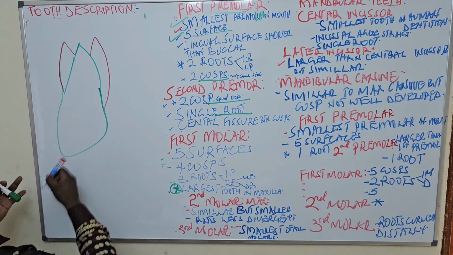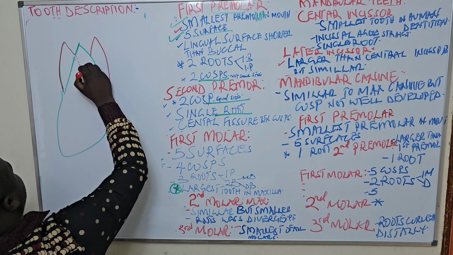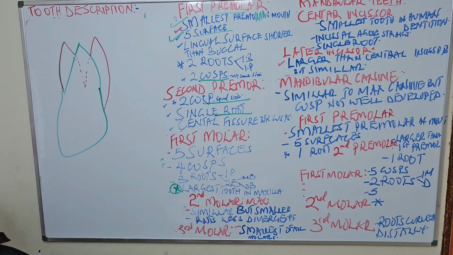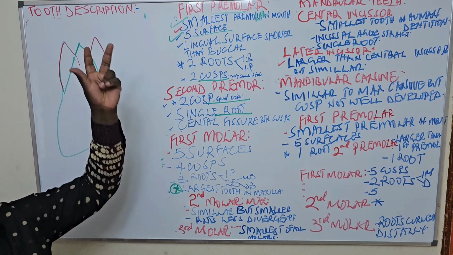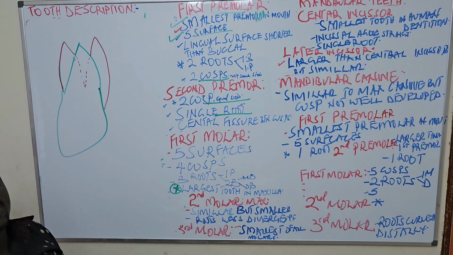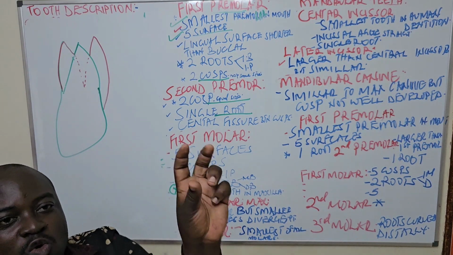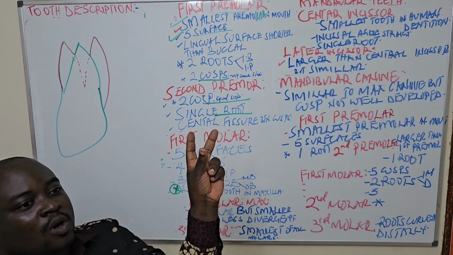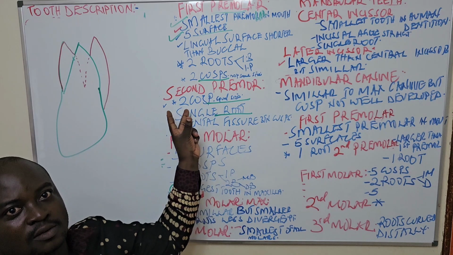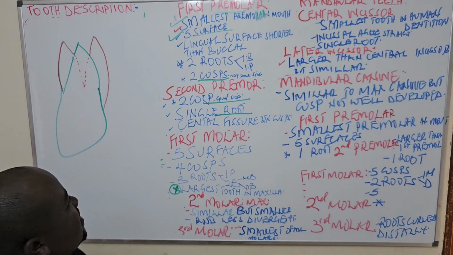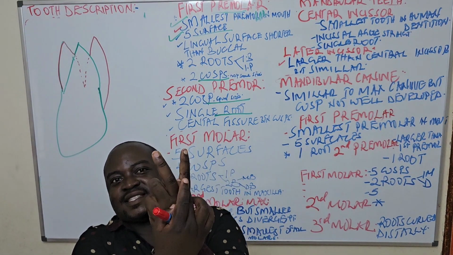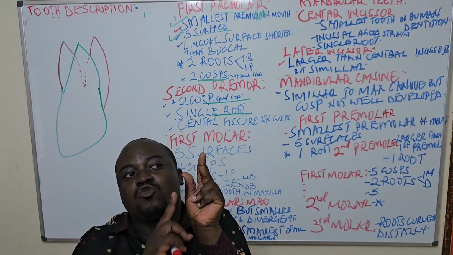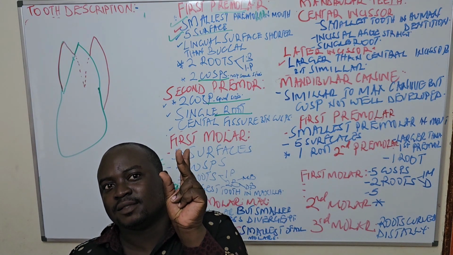One root is towards the palate, and the 2 roots are towards the cheek. So in other words, we have 1 palatal root and 2 buccal roots. This one is important. It means that we have 2 roots towards the cheek and 1 root towards the palate.